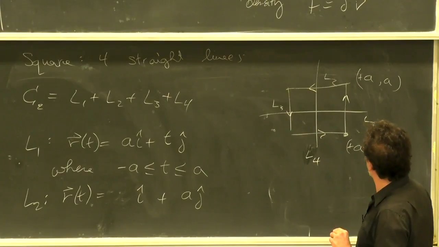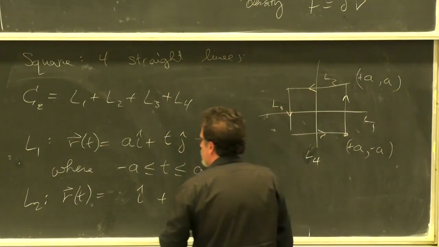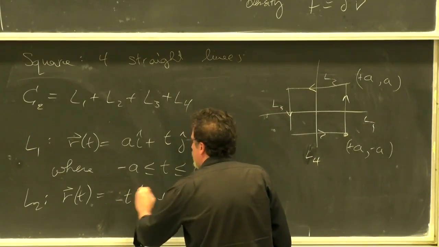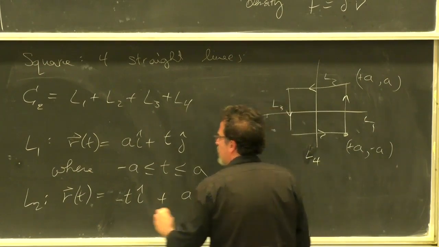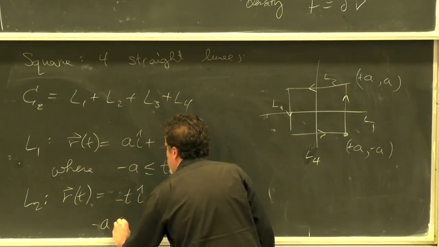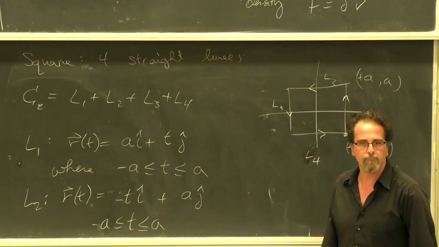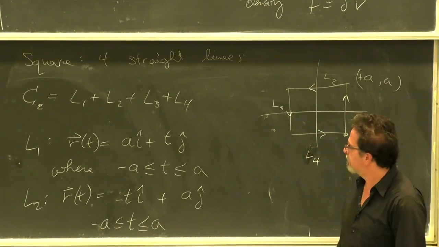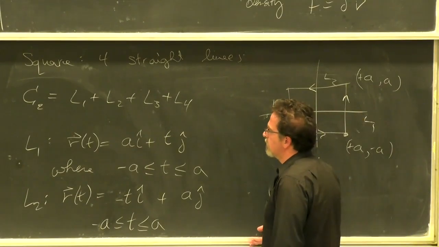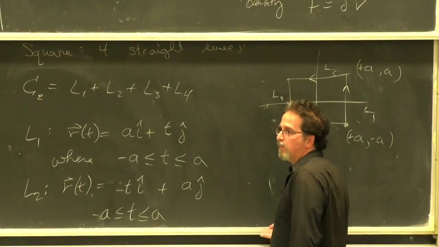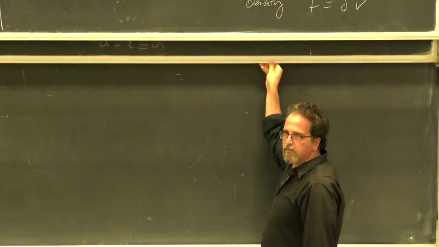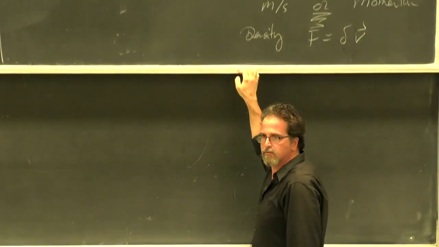So I'm going to have negative t over here, and t goes from negative a less than or equal to t, which is less than or equal to a. Okay? That makes it easier. Makes it less likely that I'll make a sign error, because I've been known to make sign errors.